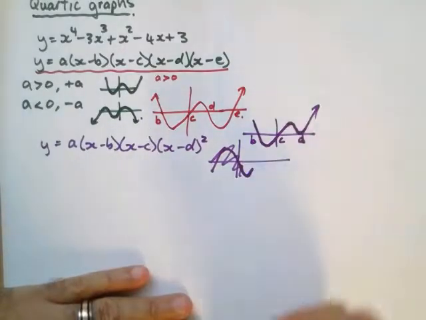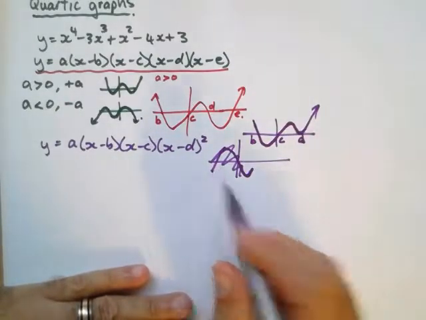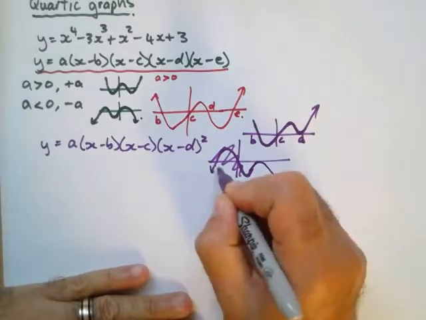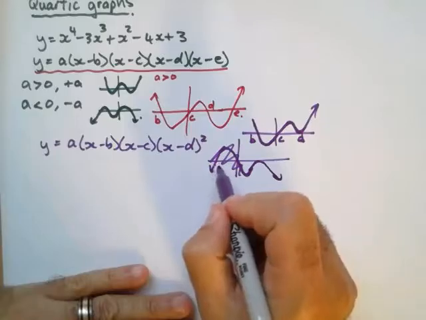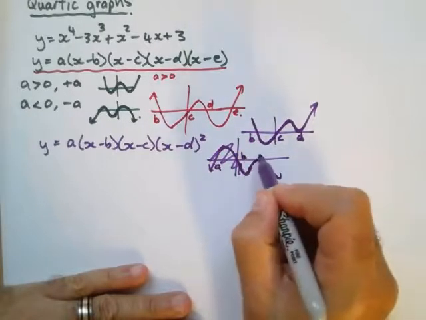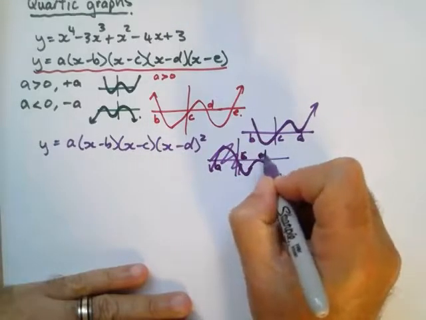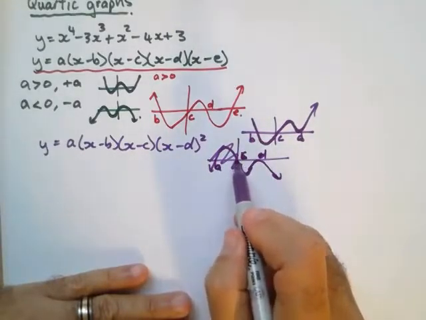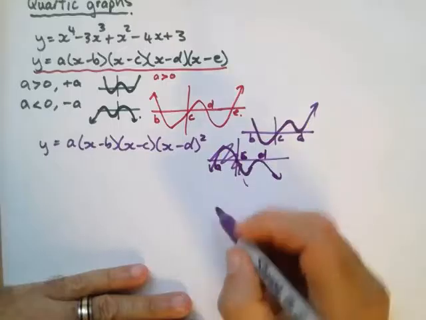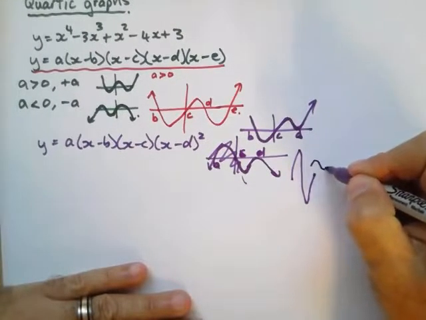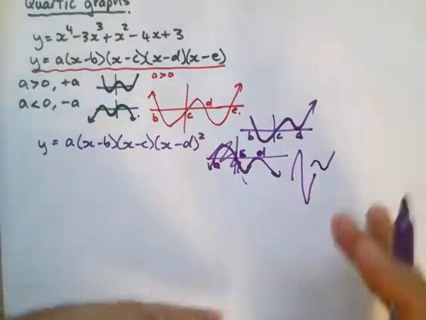If a was negative, it will be the other way around, like this one over here. So let's just finish it. It will look something like that. We will be able to say that this is A, that is B, C, and D, but we won't be able to tell whether it looks like this or like that. We don't know how deep it goes.